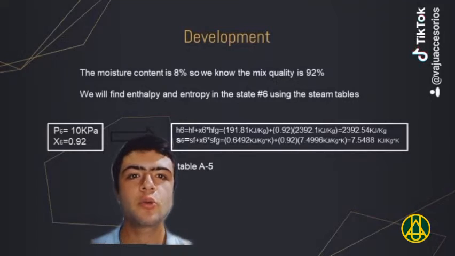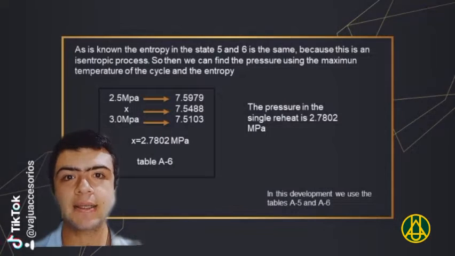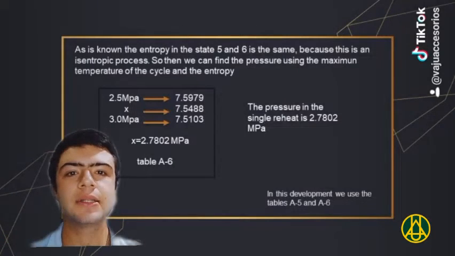Making this process, we find that the entropy in the state 6 was 7.54 kilojoules per kilogram Kelvin, and with that information we will know the state 6, and then we will begin the analysis of the state 5.